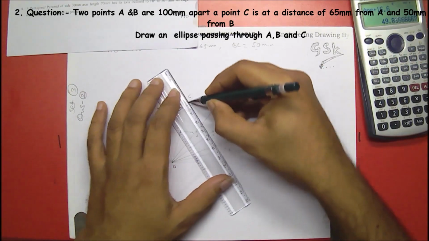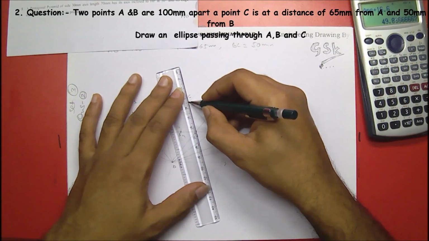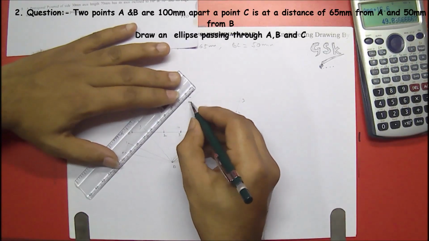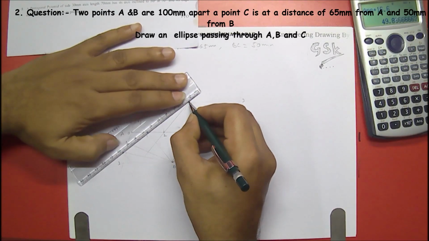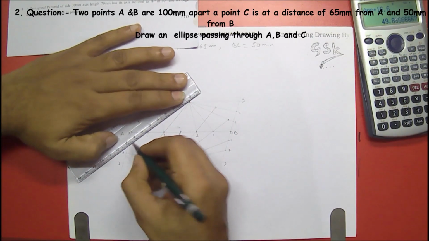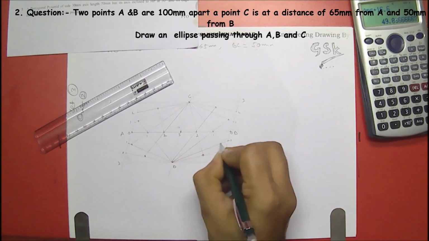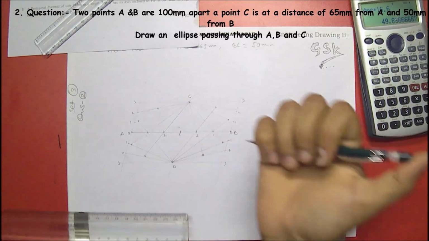Next from here 1 to 1, 2 to 2, 3 to 3, and here also from 2 to 2, 1 to 1. These are the endpoints of the minor axis ellipse.